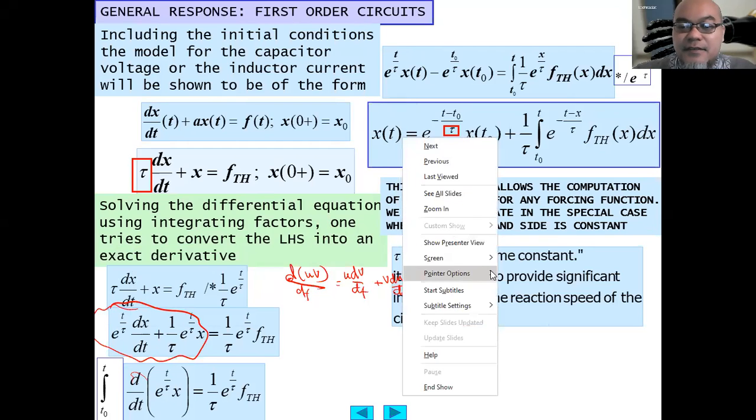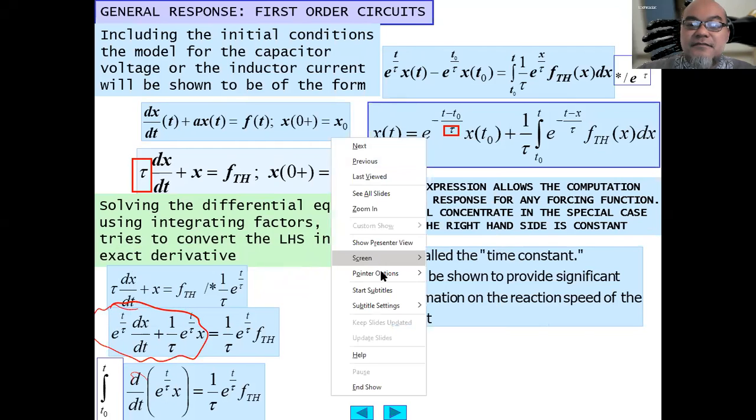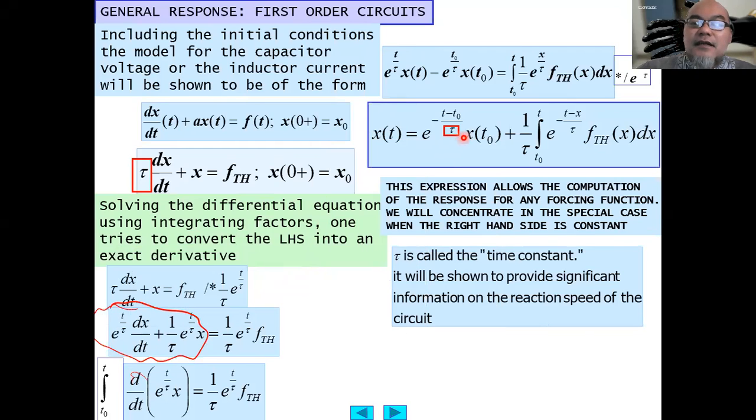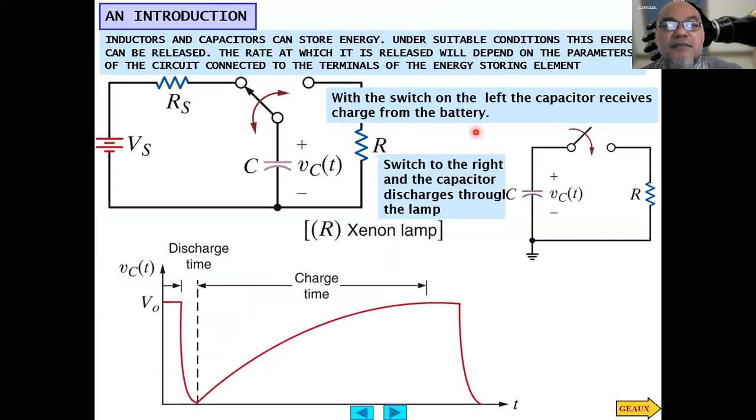Tau here is the time constant. Based on this equation, we know that the value x itself is varying with time, similar to what we showed in the previous slide.